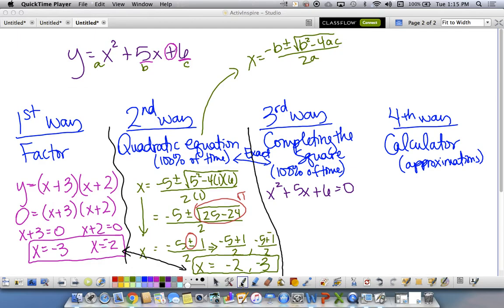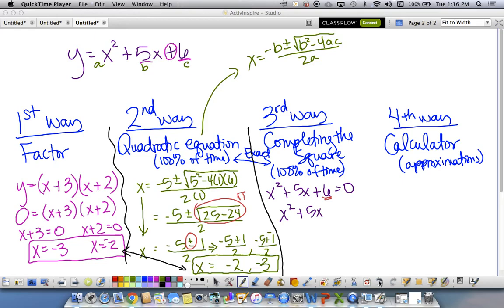So when we complete the square, if there's a constant that has no x with it, there's a 6, we're going to move it to the other side, meaning we're going to subtract it from both sides. So I'm going to end up with x squared plus 5x.